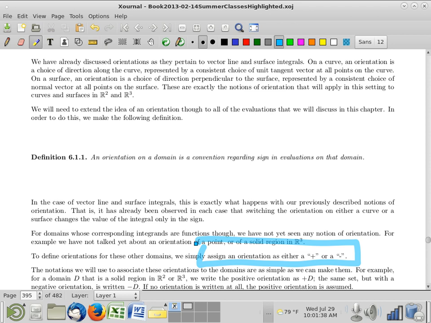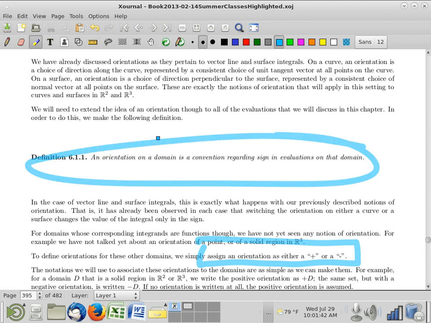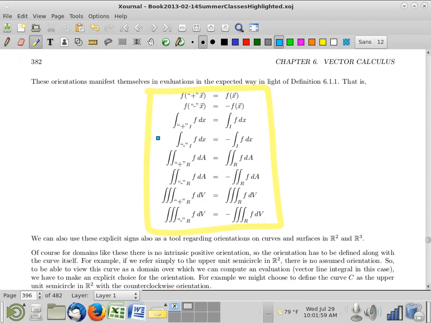In these cases, I'm going to define orientation still as a convention regarding sign in evaluation. It's just that the convention is not going to be geometric. I'm going to call it either a plus orientation or a minus orientation. And it involves sign in an evaluation as follows.